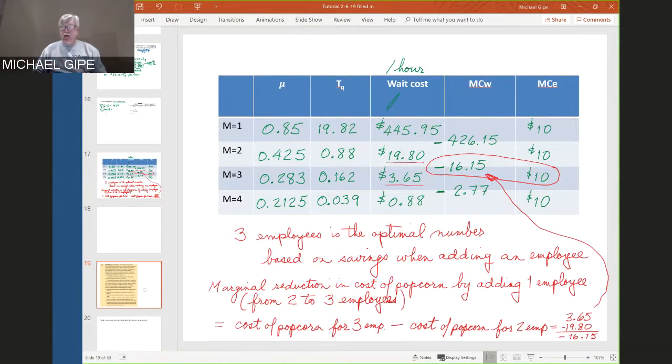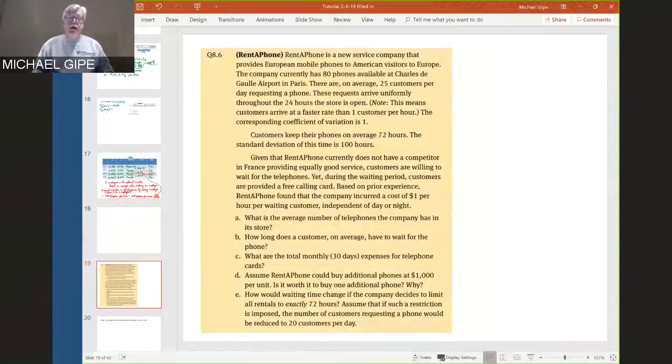Okay. Next one, question 8.6, Rent-A-Phone. Rent-A-Phone, a new service company, provides European mobile phones to American visitors to Europe. They have 80 phones available at the Paris airport. On average, 25 customers per day want to rent the phones.